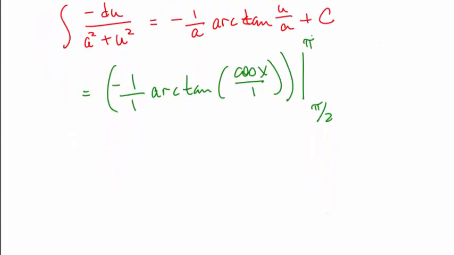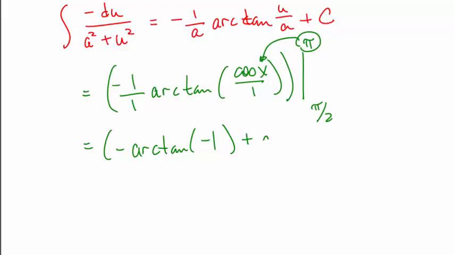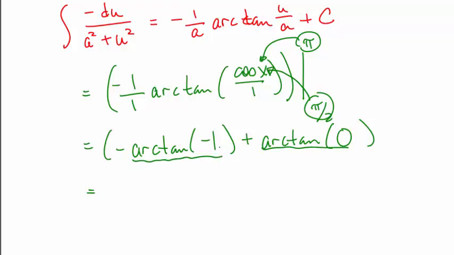Now isn't that weird? The arctan of the cosine. Alright, so we have negative arctan of, well, the cosine of pi is negative 1. Then we have minus that, minus, that's going to be plus the arctan of, what's the cosine of pi over 2? That's 0. Alright, so what is the arctan of negative 1?